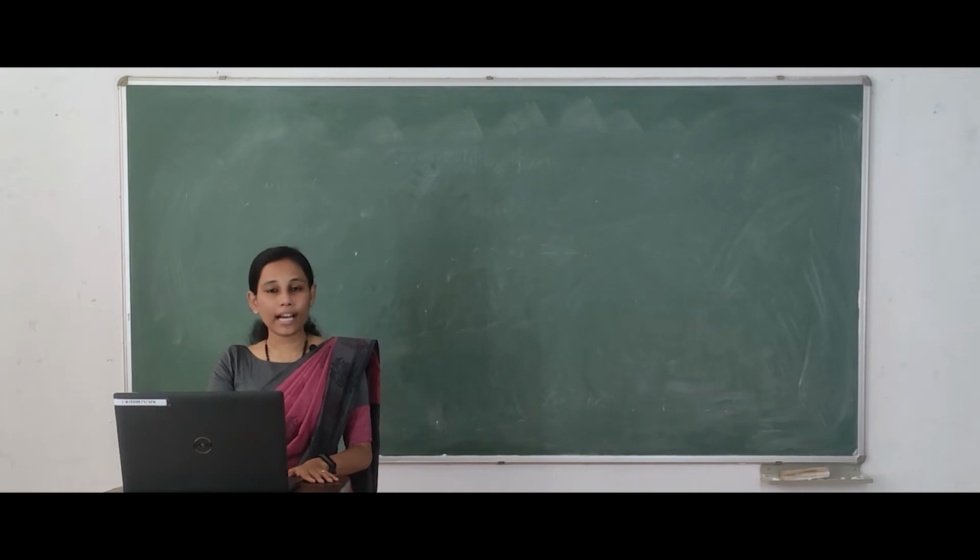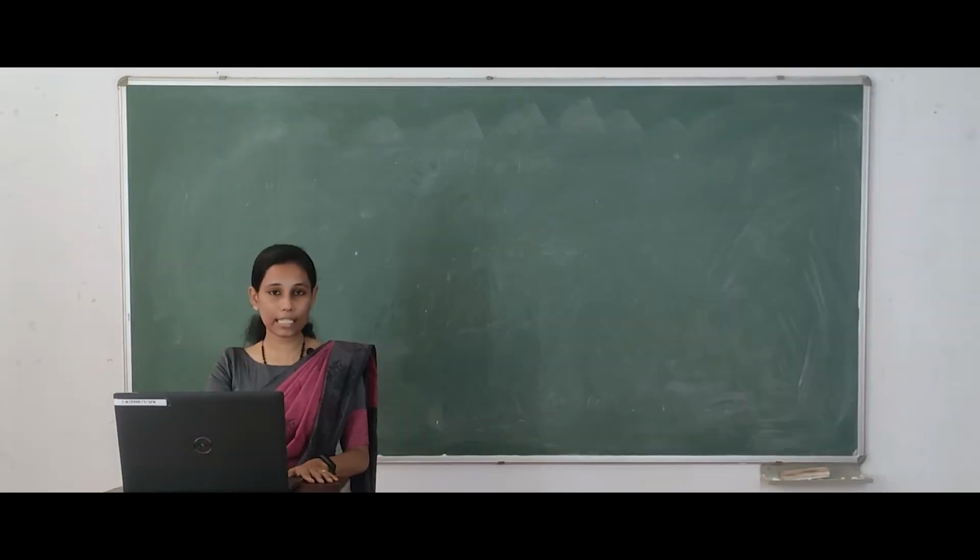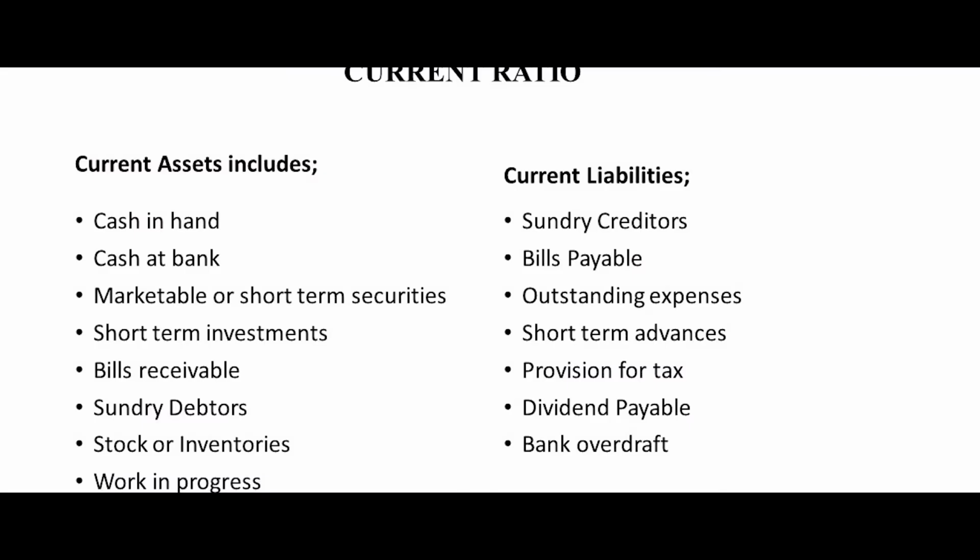In current assets, certain items are included: cash in hand, cash at bank, marketable or short-term securities, short-term investments, bills receivable, sundry debtors, stock or inventories, work in progress, and prepaid expenses.